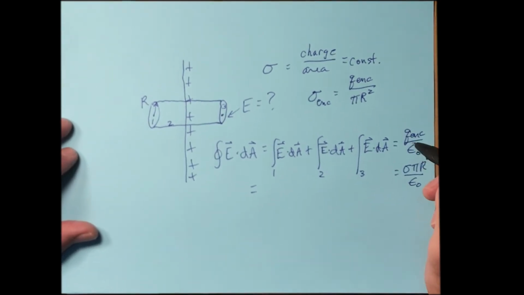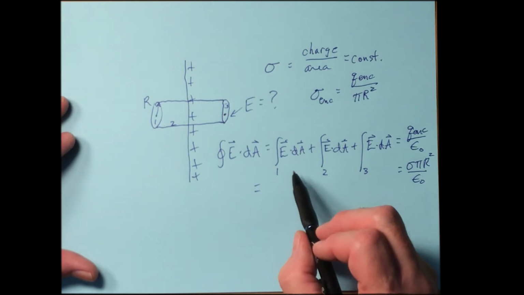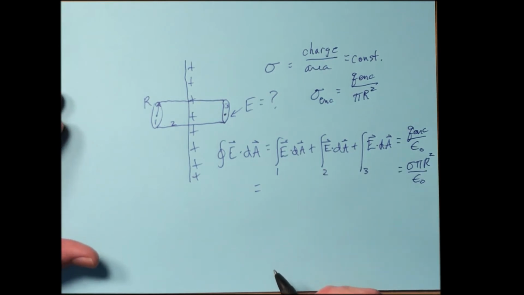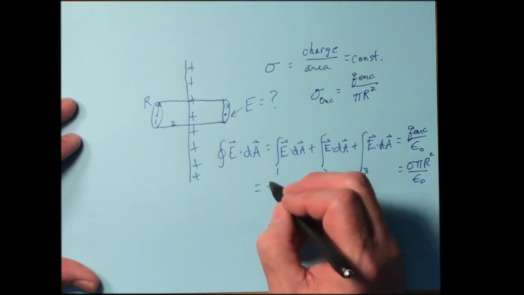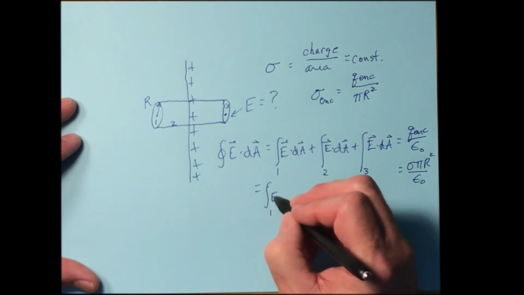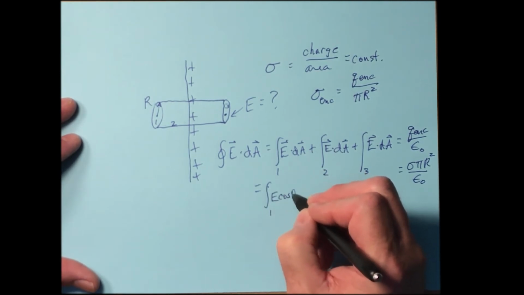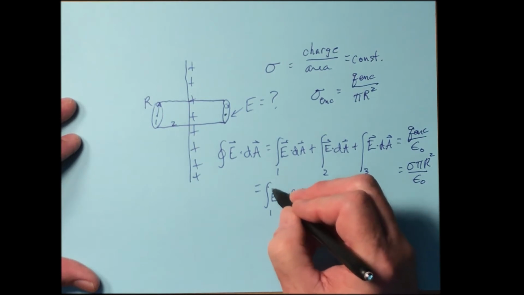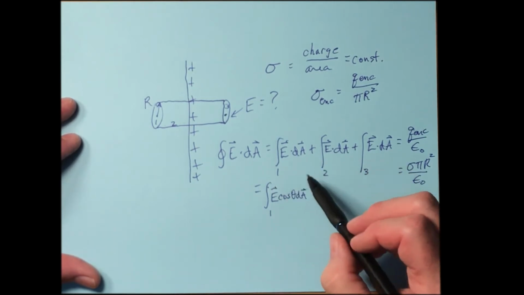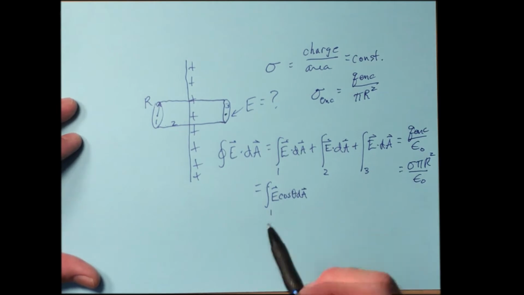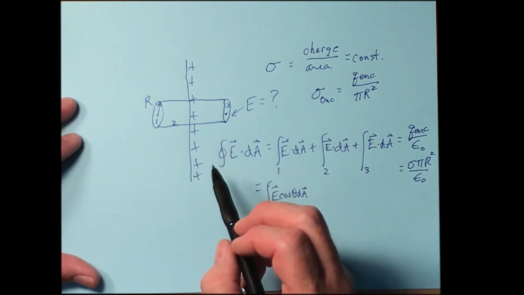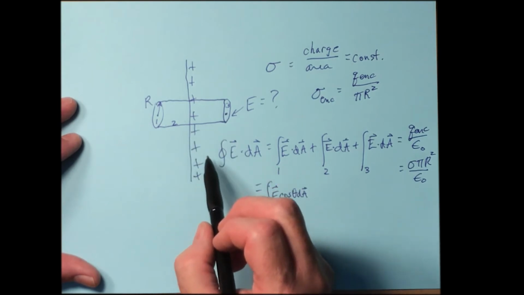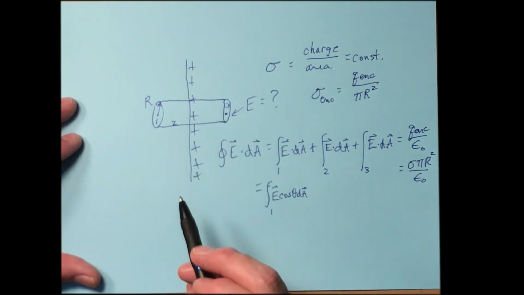What about the left-hand portion, each one of these? Well, we need to do those individually now. Let's take the integral over area 1 of E cosine theta dA. Now we've actually done this problem, we've done the summation of these, but in a slightly different way because previously the electric field went all the way through the cylinder.